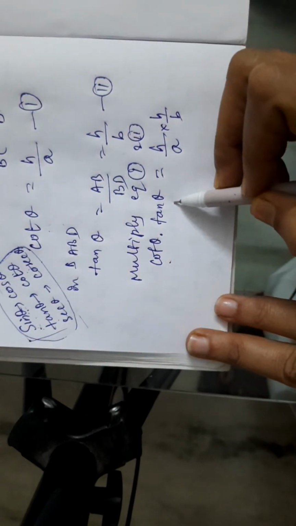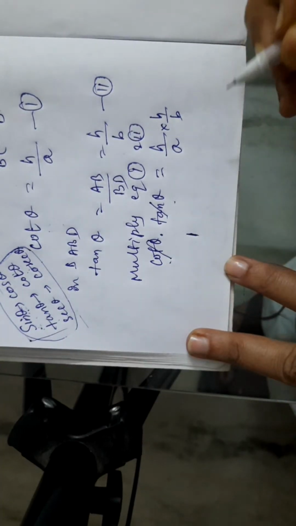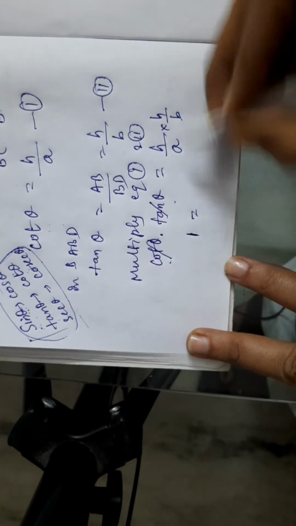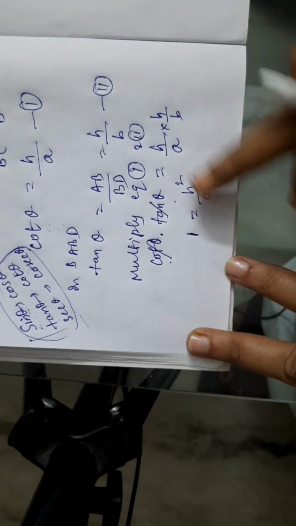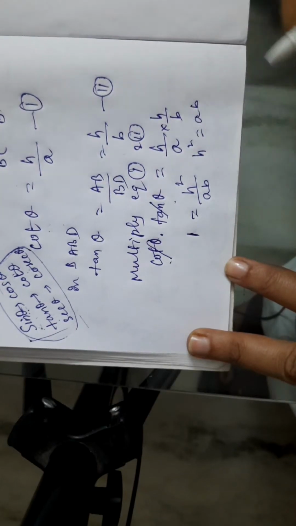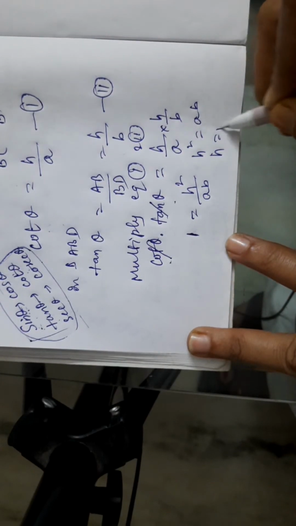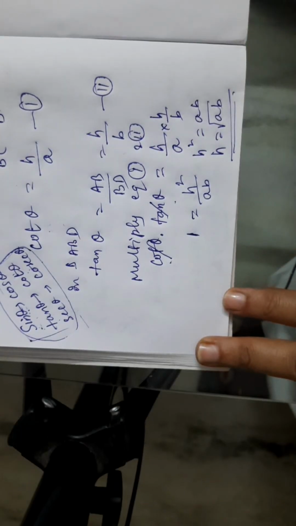Tan and cot are reciprocal to each other, so they get cancelled. Thus its value will be 1. H multiplied by H is H square upon AB. Now have cross multiplication. H square is equal to AB. Thus H is root over AB. So this is how we can calculate the value.